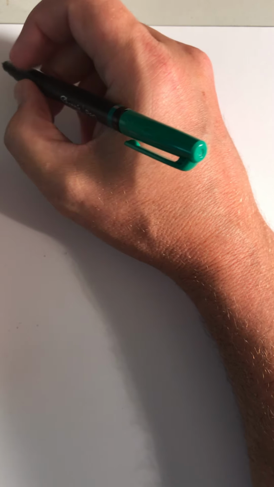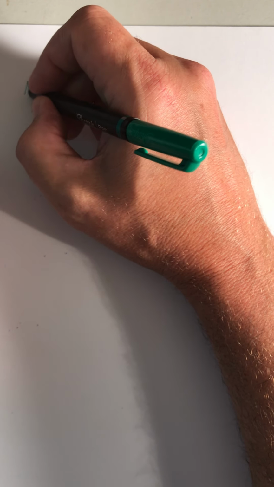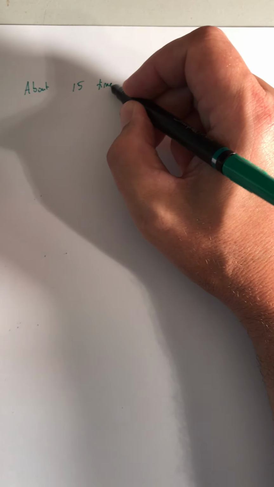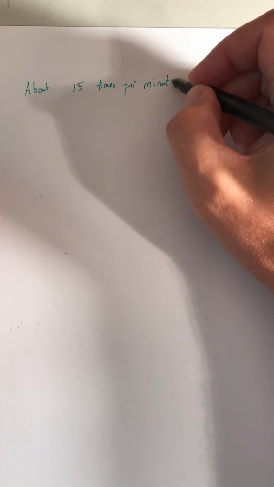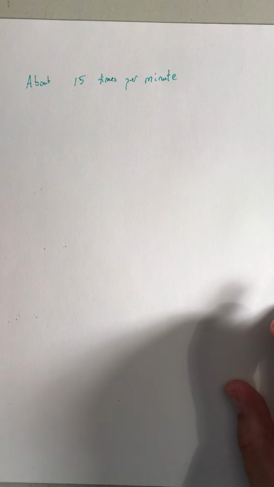The way that I thought about addressing this, so first I thought about how often do I breathe, and that is my estimate. About 15 breaths per minute. Obviously varies, but that seems like not a bad estimate.